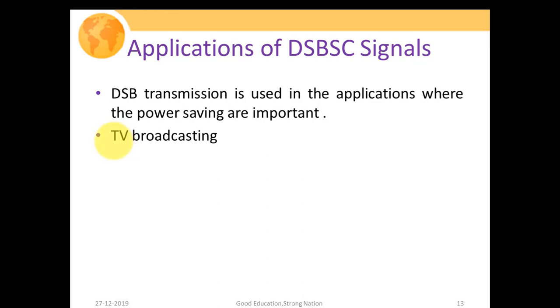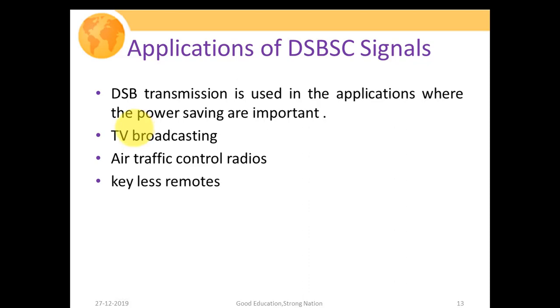Nowadays we have digital broadcast systems, but when doing certain analog broadcast, it has also been used for TV broadcasting or video transmission. It has also been used for air traffic control radios, information exchange, some keyless remotes, and two-way radio communications such as walkie-talkies.